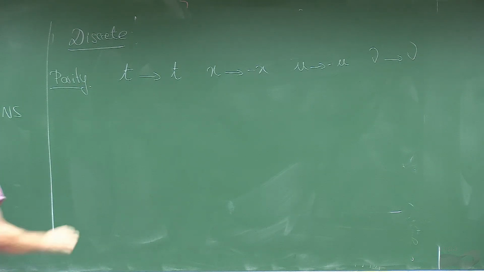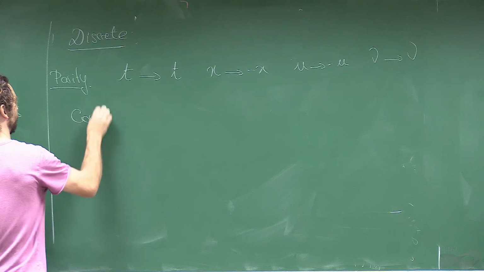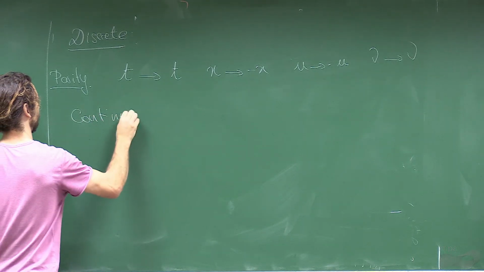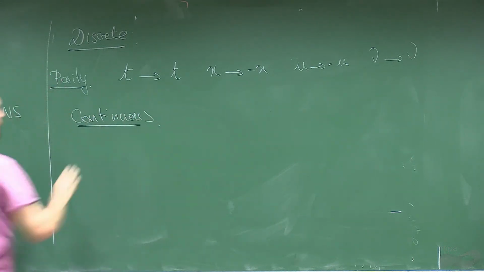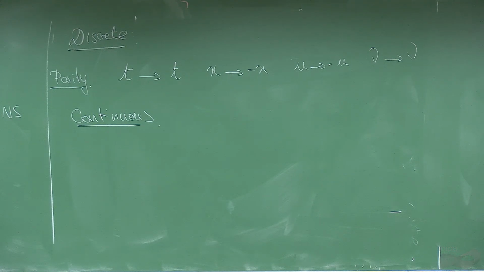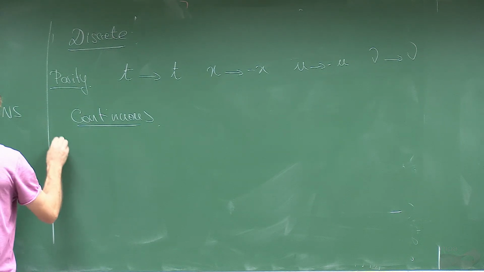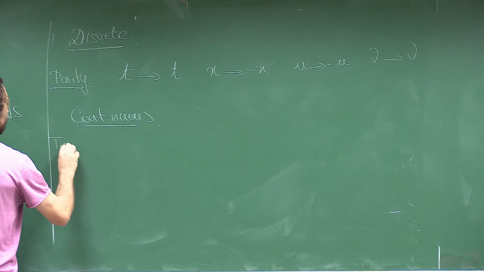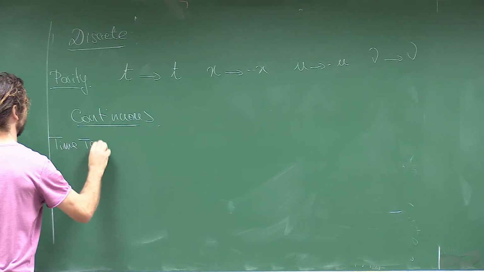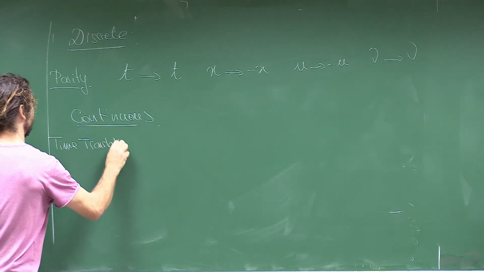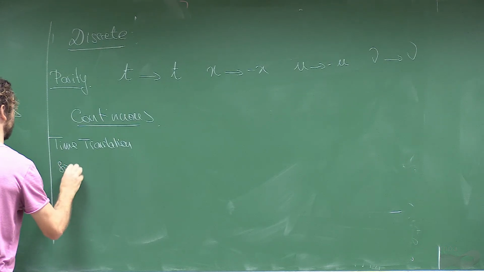And then you have continuous groups, and now you have a lot of them. The obvious ones are translations. So you have time translation and space translation.